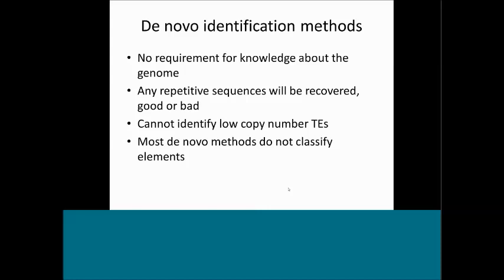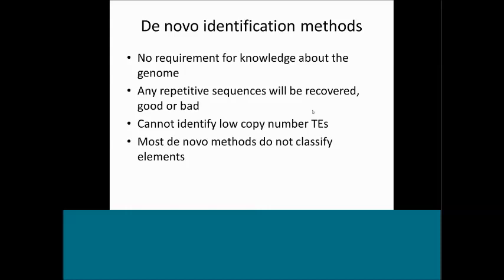For the de novo method, any repetitive sequence will be recovered. This is good and bad. The good thing is you get all of them. The bad thing is it will also collect things like gene families, but we don't really want gene families to be masked out before gene annotation.